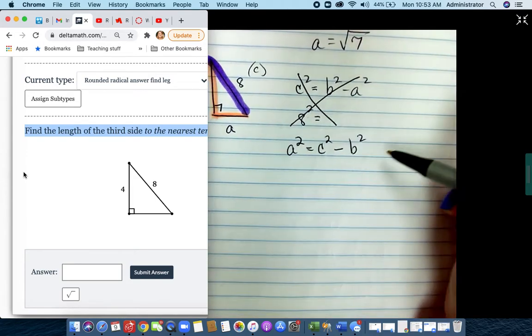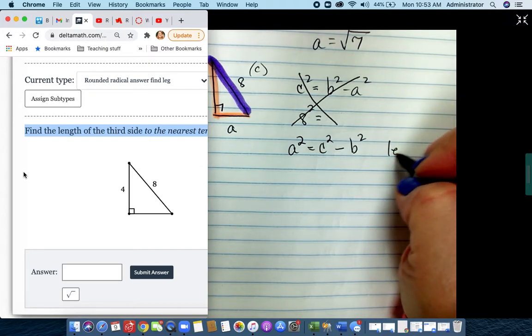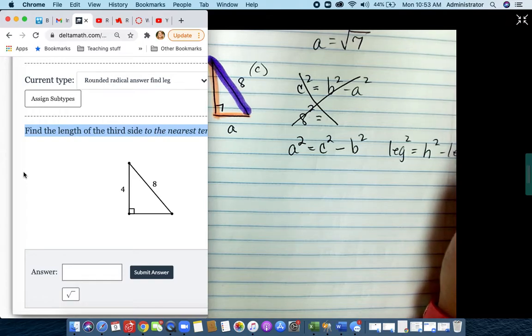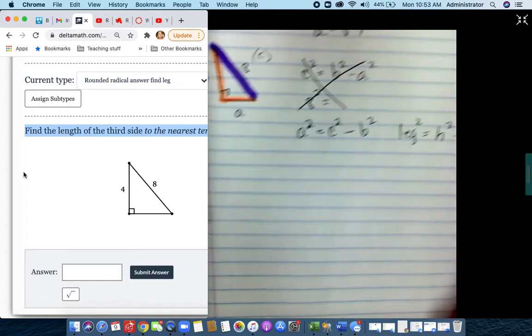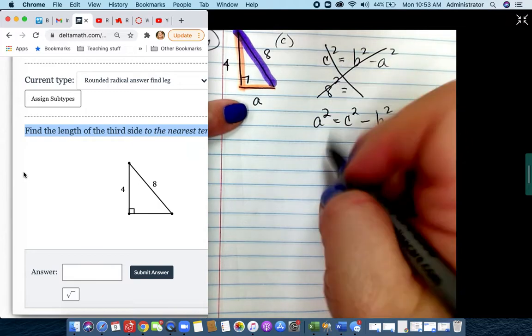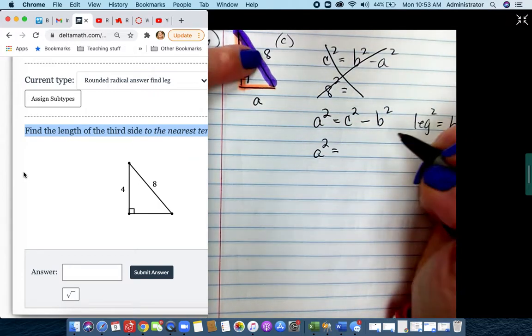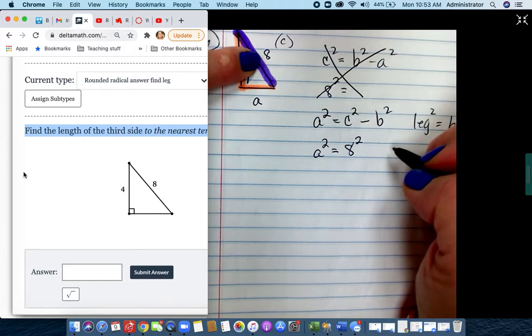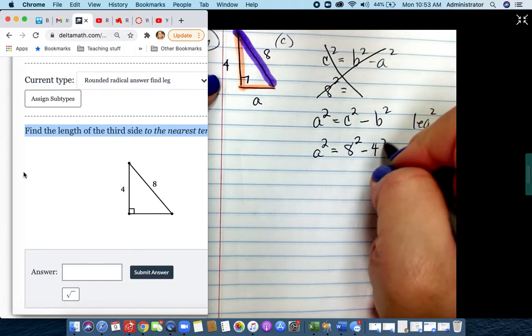If you don't like the ABC, you can literally just go leg squared equals hypotenuse squared minus leg squared. That's how I think about it anyway. My A we don't know. My hypotenuse is always the first value here when I'm finding a leg. So 8 squared minus 4 squared.